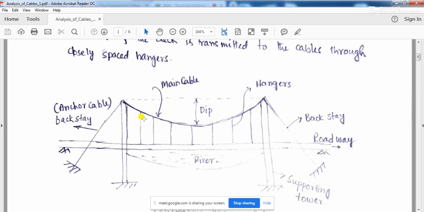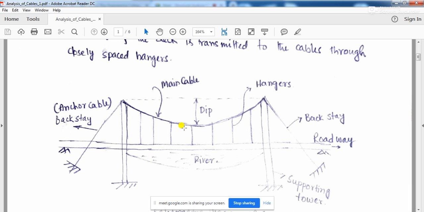So basically, as we have understood in the previous class, this is the main cable. The main cable will be under tension, and how will this main cable be loaded? It will be loaded by the uniformly distributed load coming from this bridge deck, which is getting transmitted from the bridge deck to these closely spaced hangers.